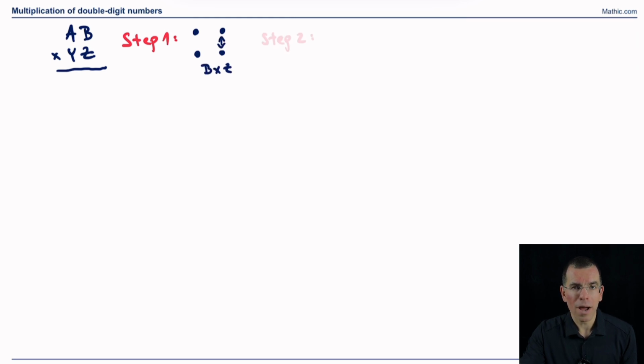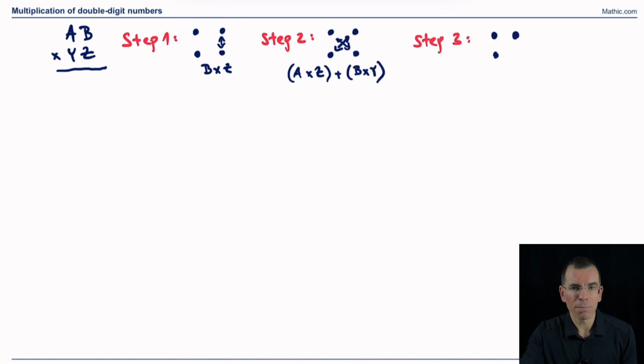In step 2, we multiply digits across and sum them together, that is a times z plus b times y. In step 3, we multiply first digits of our multipliers, that is a times y. We will put these results together and somehow, quickly, we will get the final result. That was confusing, wasn't it?